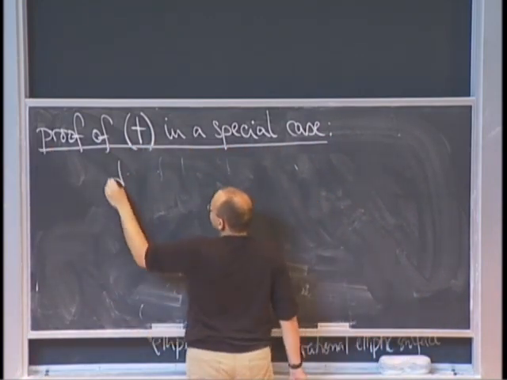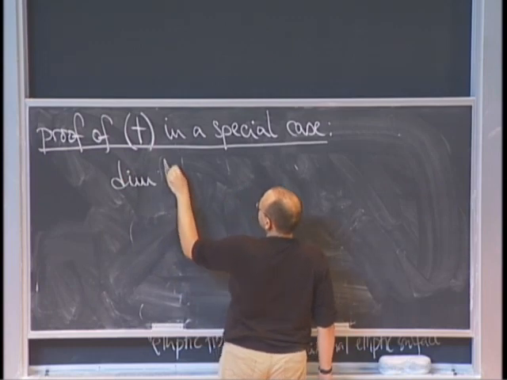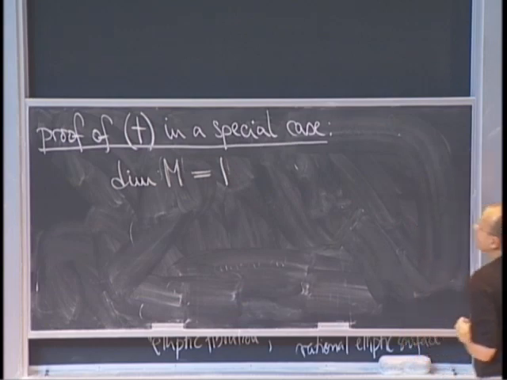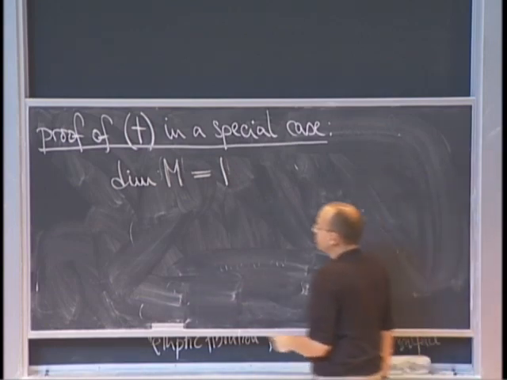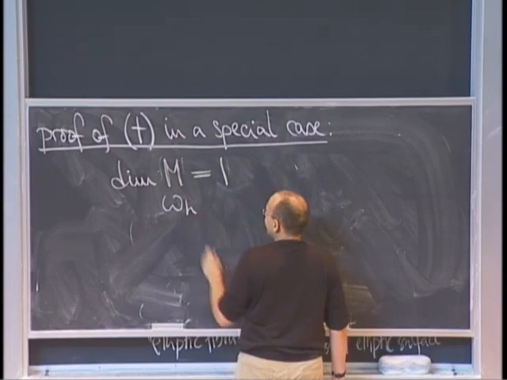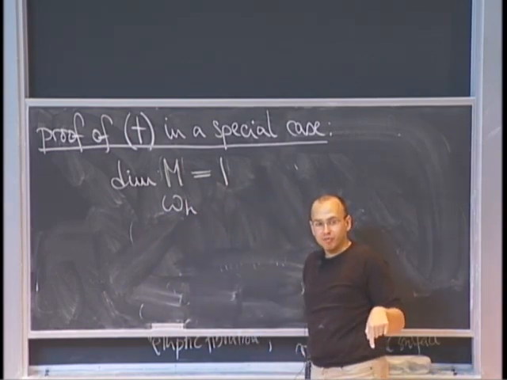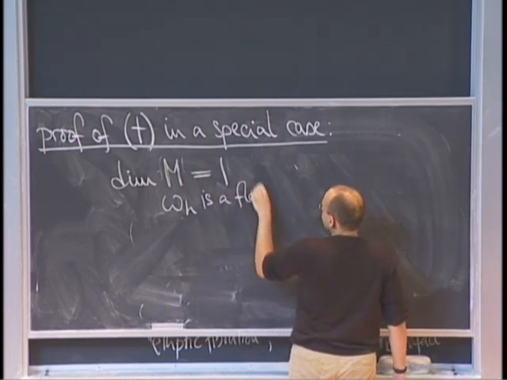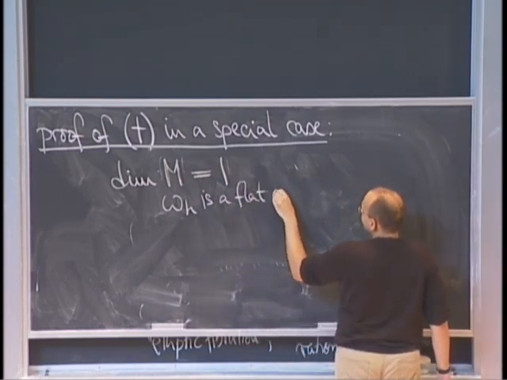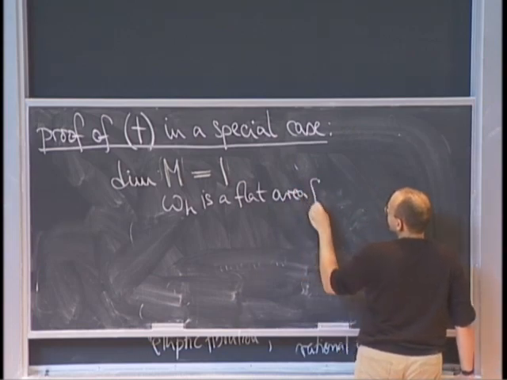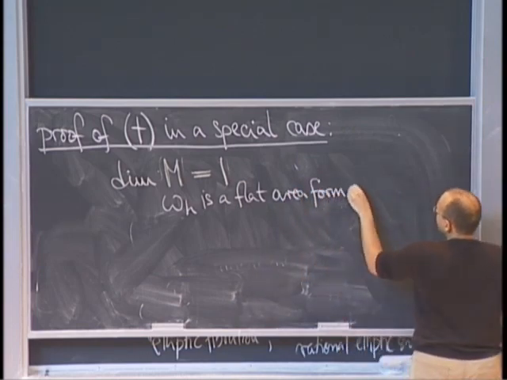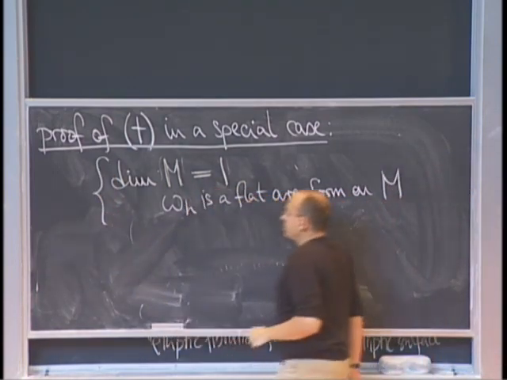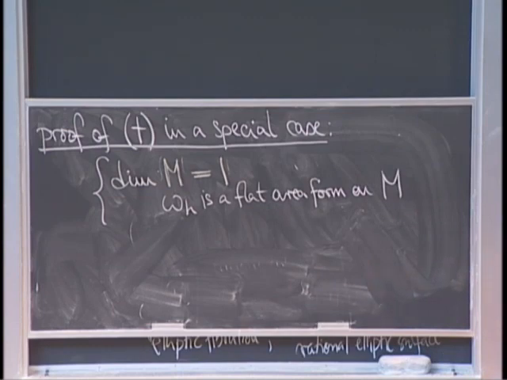So I'm going to be assuming that my manifold is one-dimensional, that's the Riemann surface, and I'm also going to assume that this form omega sub h, the curvature form of my line bundle, is a flat area form or flat metric on M. So this basically leaves only one case.